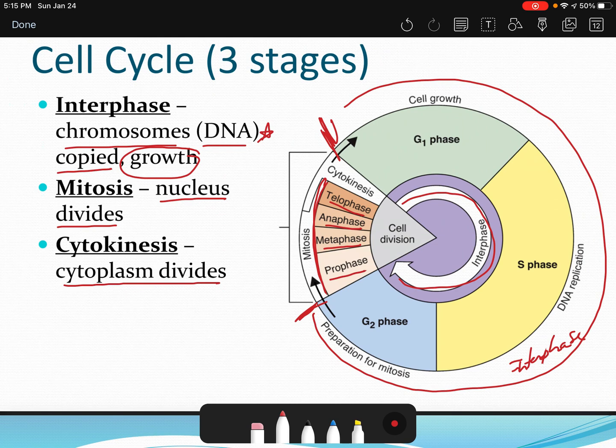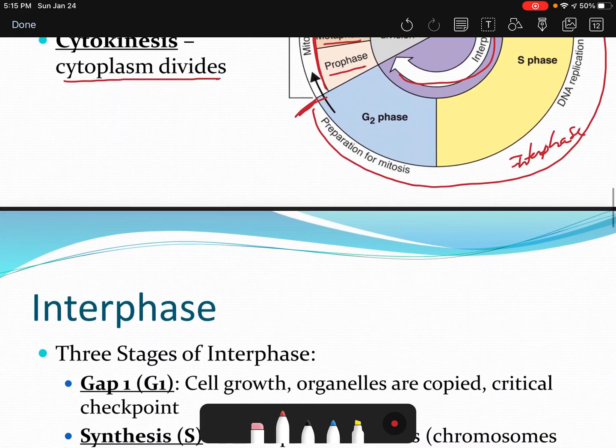So that comes right after mitosis. All right? So we go from interphase to the 4 phases of mitosis, finally to cytokinesis. And once that cytoplasm divides, you've now divided that one cell into 2. And that encompasses the whole cell cycle.